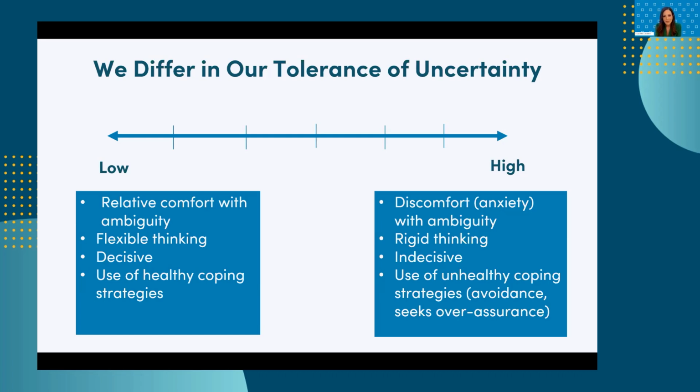But then when we have those folks on the far end, those who are really uncomfortable at the idea of this uncertainty, this is really when we start to get more worried. We know from research, even research into those living with MS and understanding how they tolerate uncertainty, unfortunately, that those who have a higher tendency to feel uncomfortable with this do tend to have a lower quality of life.